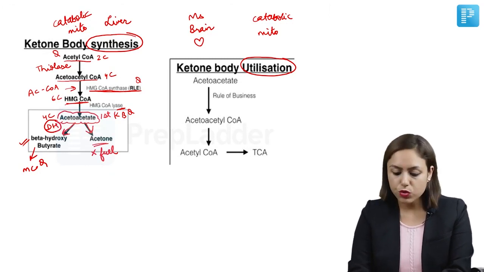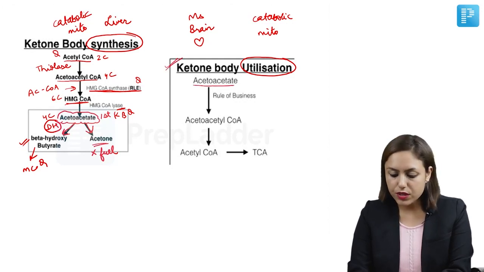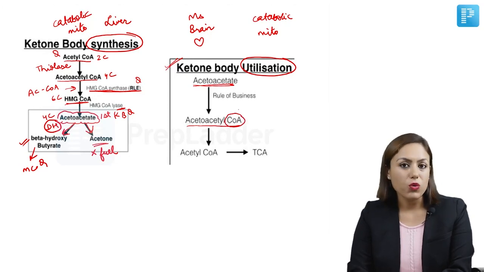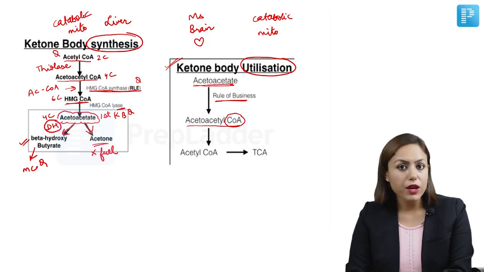Now, let's do the pathway of ketone body utilization or breakdown. How is the acetoacetate ketone body broken down? It will first be converted to acetoacetyl-CoA. A high energy CoA bond is added here. To add a high energy bond like CoA or phosphate, we usually apply the rule of business that ATP will be used.